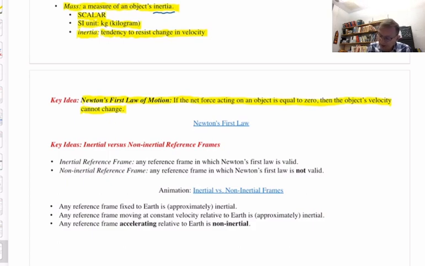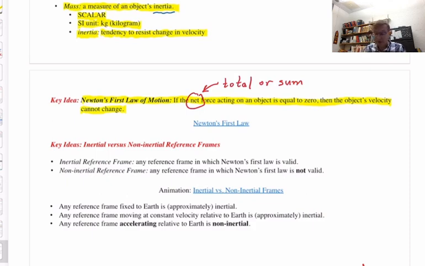I do need to emphasize the word net in that expression. Net, of course, is another way to say total, or another way to say sum, add. And remember, force is a vector. It could be that an object has multiple forces, multiple things that are pushing and pulling on it.